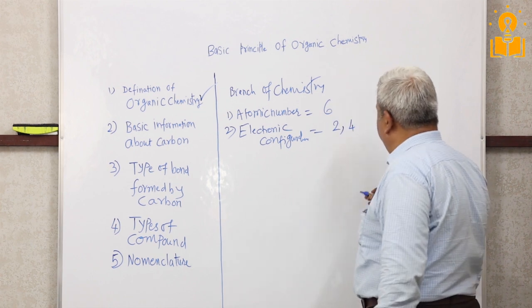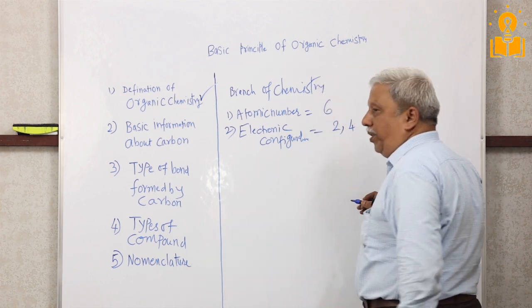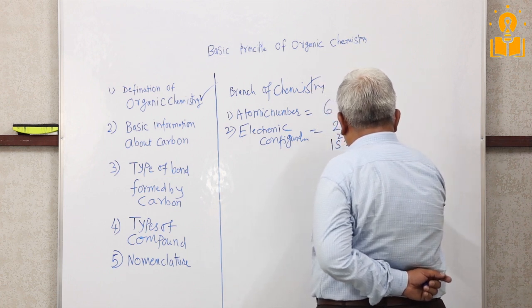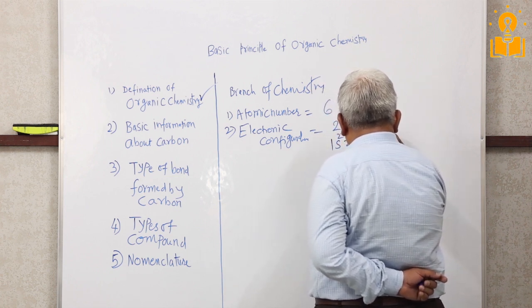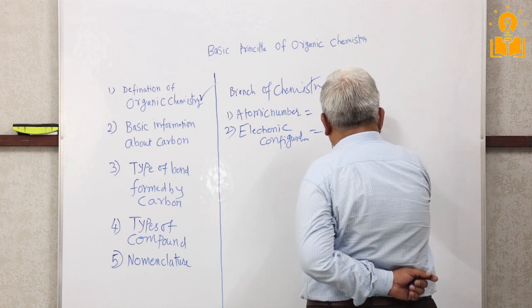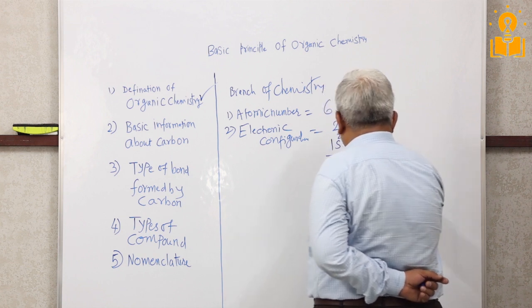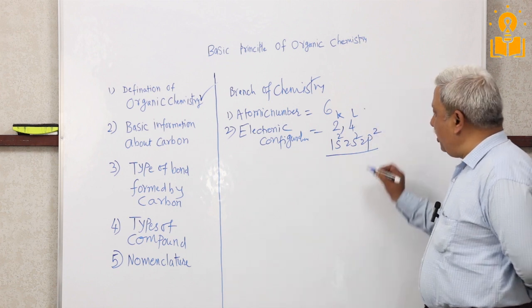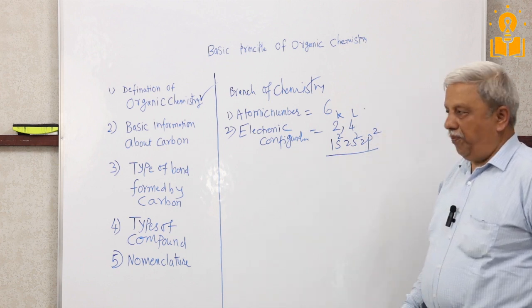As far as the orbital form, it is 1s2, 2s2, 2p2. This is K shell. This is L shell. So this is the electronic configuration in shell form, and this is orbital form.